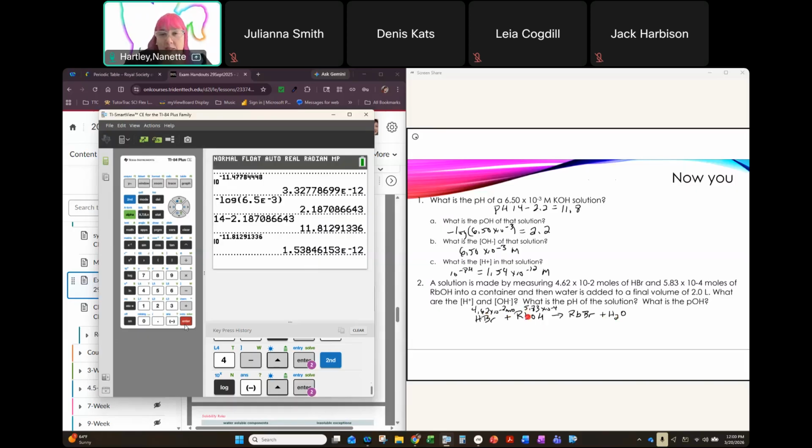I will have H plus left over. Finding how much I have, I take my 4.62 times 10 to the minus 2 moles minus the 5.83 times 10 to the minus 4th moles. And that will give me some kind of number that I can work with.